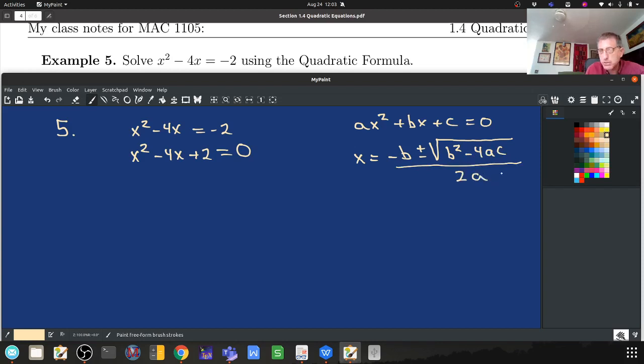So now it's just plug and chug after I've identified my a, b, and c. My a is the coefficient on the degree 2 term, so my a is 1. My b value is the coefficient of the degree 1 term, and it's minus 4. And my c is the constant term, and that's plus 2.